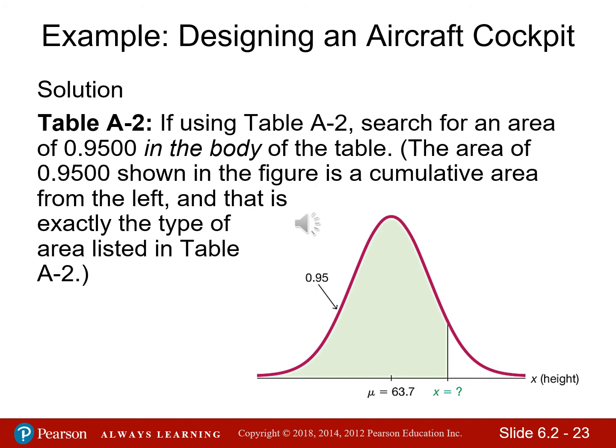Now, let's use Table A2 to find the area that represents the shortest 95% of women. We will search for the area of 0.9500 in the body of Table A2. The area of 0.9500 shown in this graph is a cumulative area from the left and is exactly the type of area that is listed in Table A2.